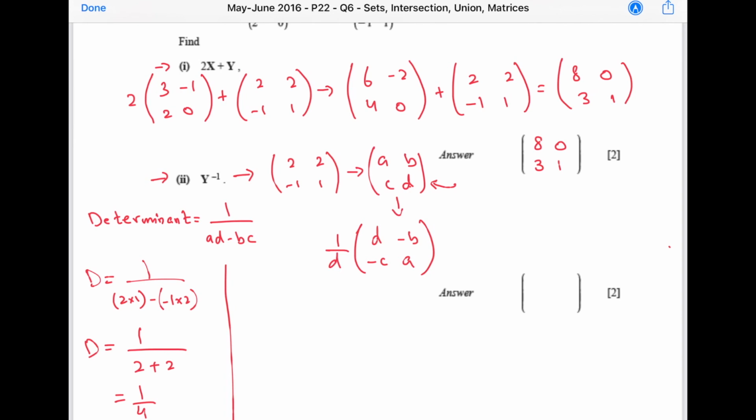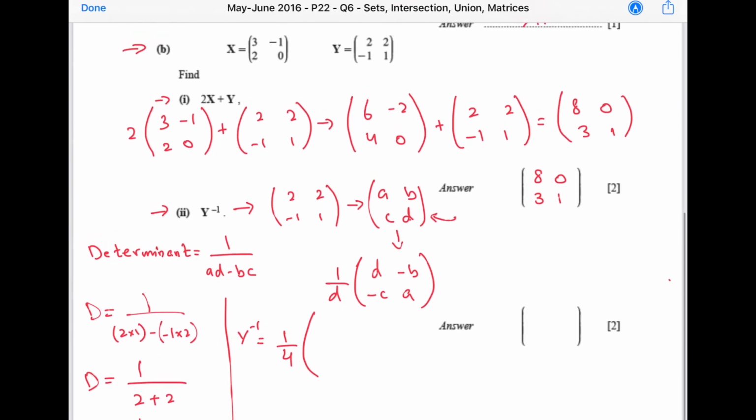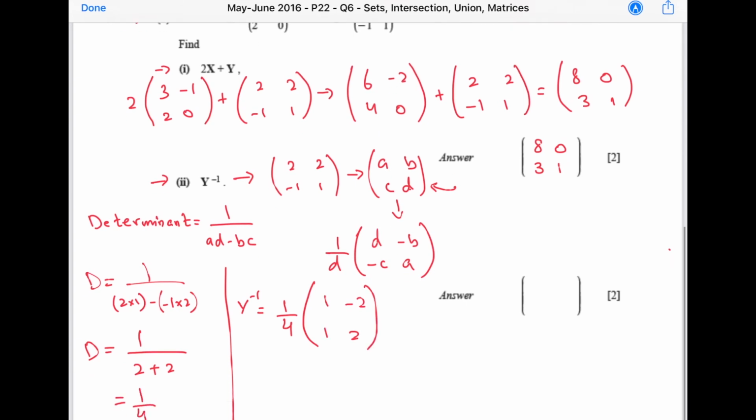So what y inverse constitutes to is 1 over 4 times, let's see what we multiply this by. If we switch around the numbers, then this matrix becomes 1, negative 2, 2, and 1, which is your final answer. So you write it over here, 1 over 4, 1, 2, negative 2, and 1.